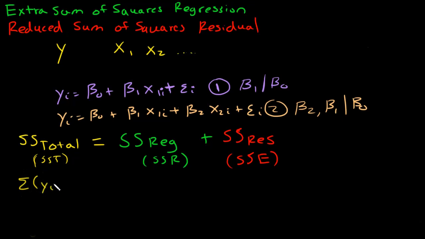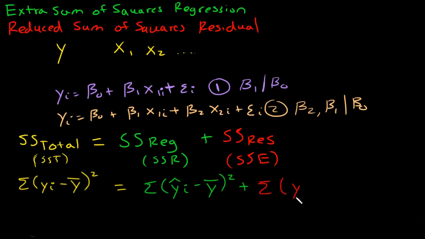It's the difference between the observed y and the mean of the y's, squared. All right, so you take those differences, you square them, then you sum them all up. Sum of squares regression is the difference between the predicted y and the mean, squared, and the sum of squares residual is the sum of all the residuals squared.